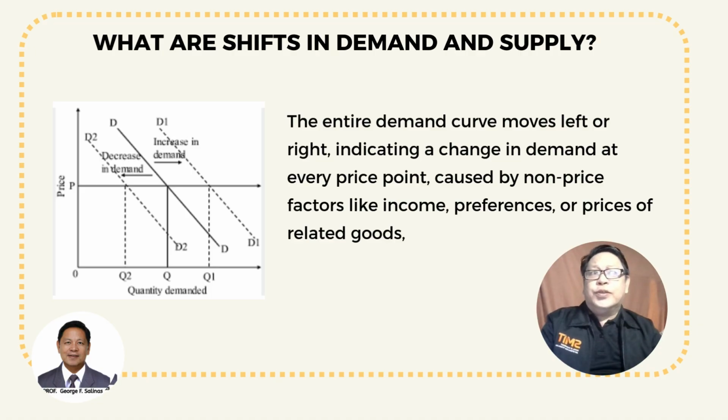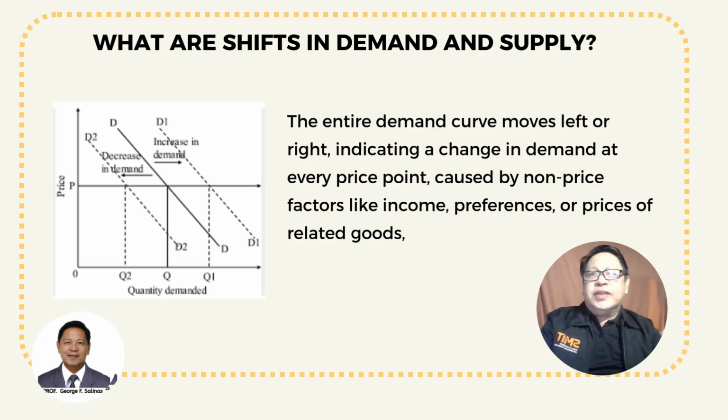And this is caused by non-price factors like income, preferences, or prices of related goods. This means price stays the same, but quantity demanded or supplied changes. The entire curve moves, not just a point on the curve.